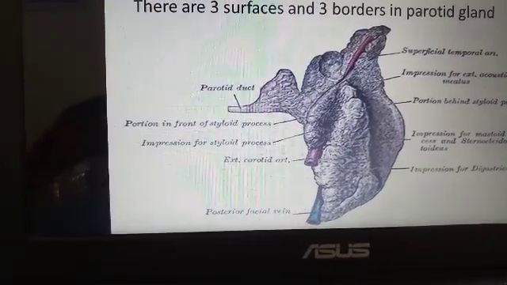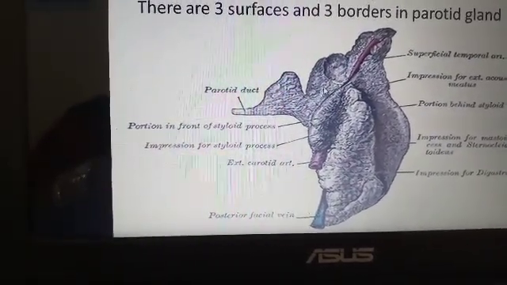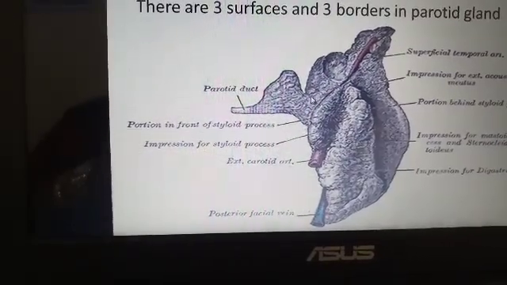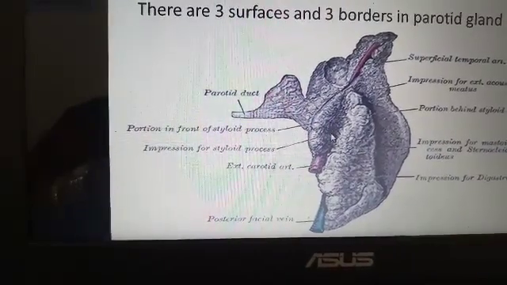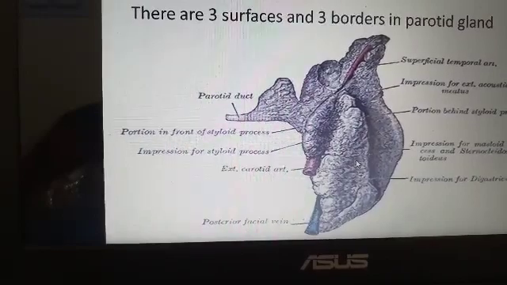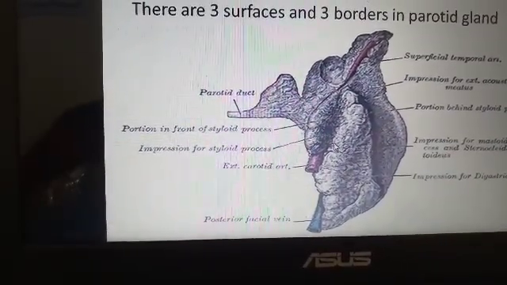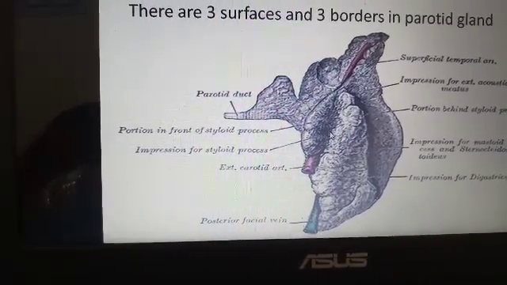Here lies the medial border, and it is the parotid duct here. This one is the anteromedial surface. Actually this is the indented anteromedial surface, and in between the anteromedial surface and the posteromedial surface there lies the medial border, and impression for the styloid process is close to the medial border.